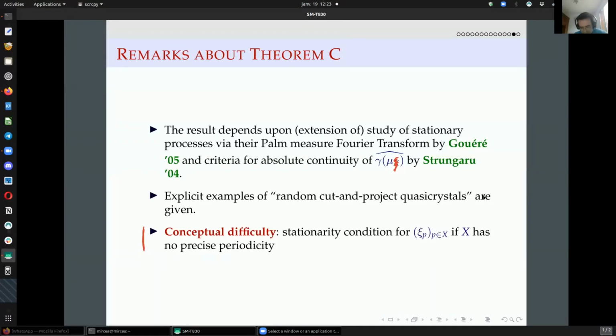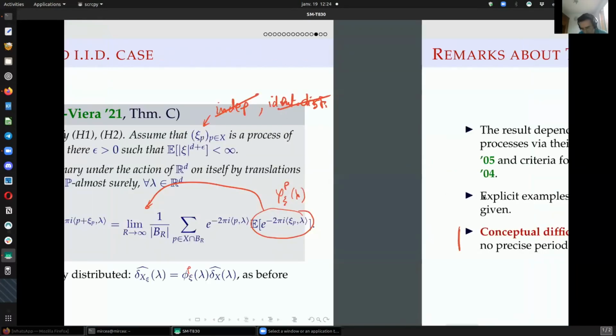Theorem C is a bypassing of this problem, which is that in order for my interpretation of how I get rid of the noise to work, every time I perturb it, I'm doing a kind of independent experiment and so on.